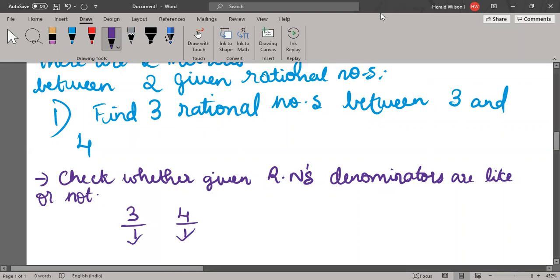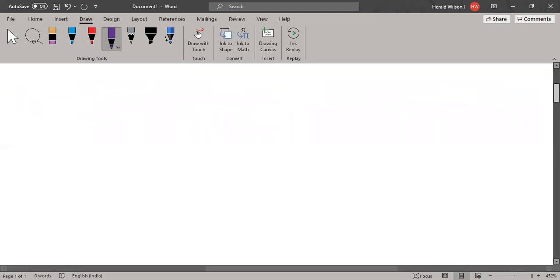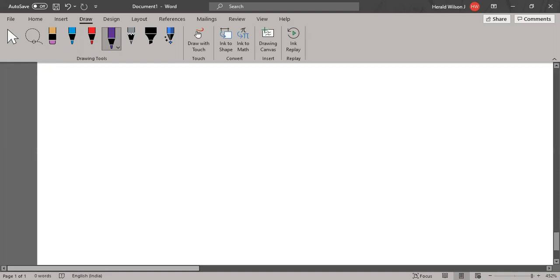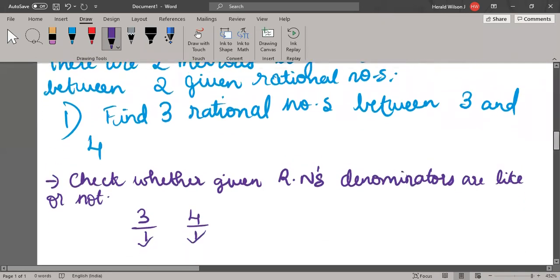Let's see the second condition now. The second condition is multiply the denominator and numerator of both rational numbers with a number depending on the question. So the question was find three rational numbers between 3 and 4, right?